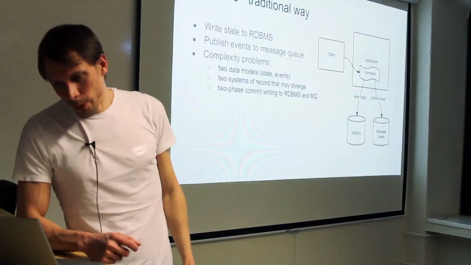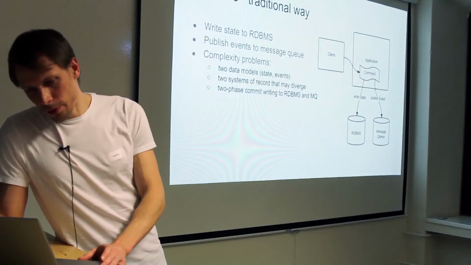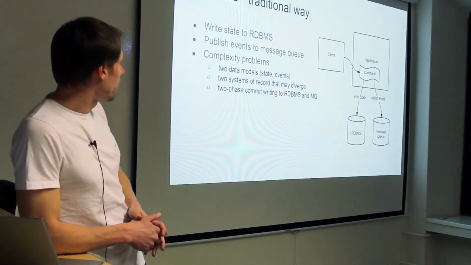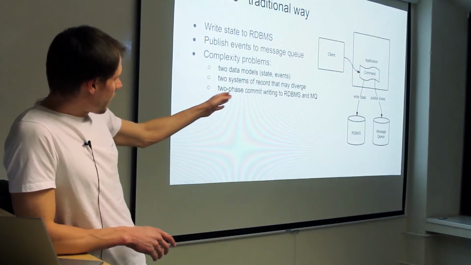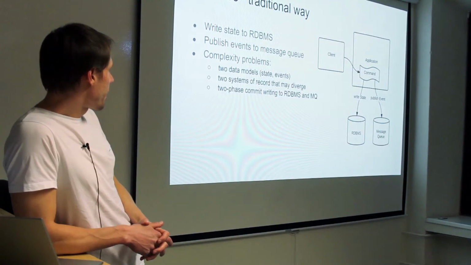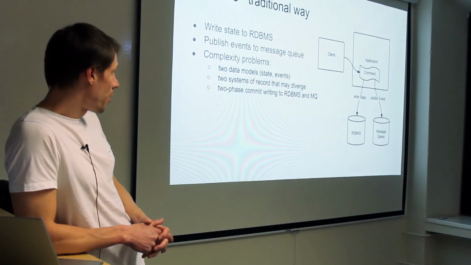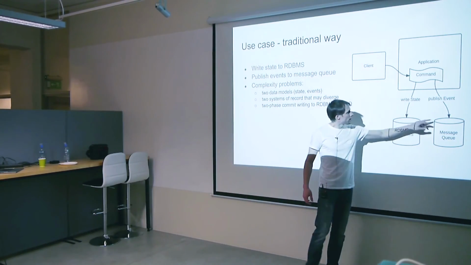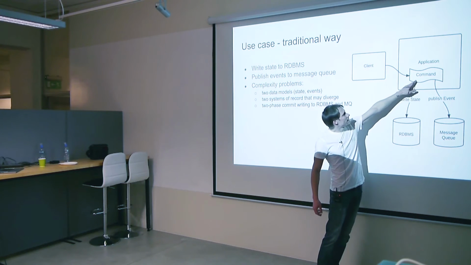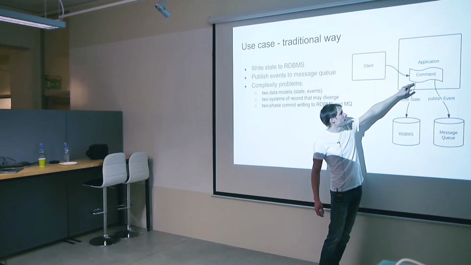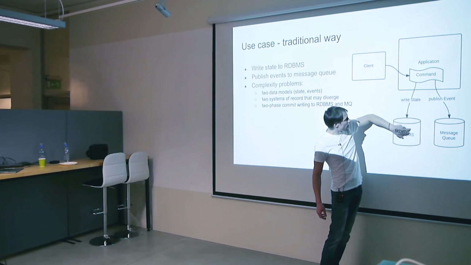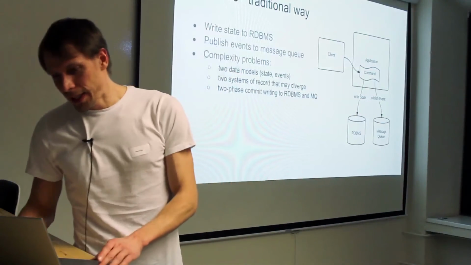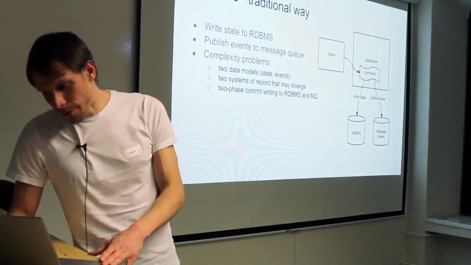But this is problematic in that, apart from having two data models, one for state and one for events, the biggest problem is that they may diverge. If these systems are different, you will have to implement two-phase commit to both stores. If somebody ever forgets, after having added a write here, to publish an event here, the data stores also get diverged.